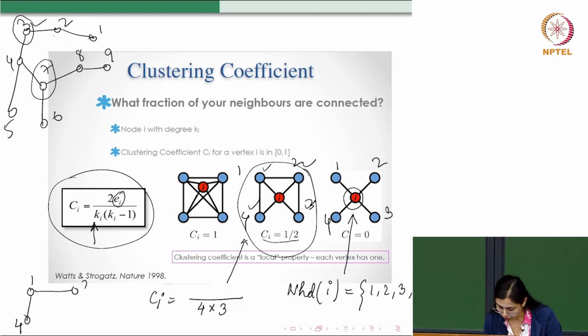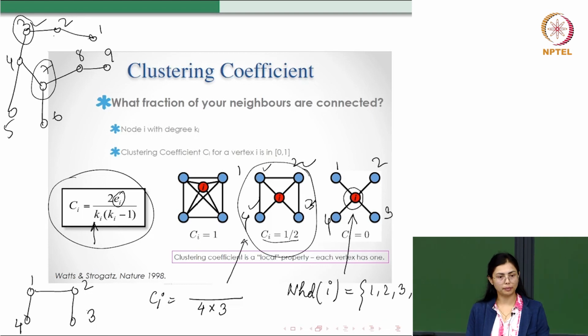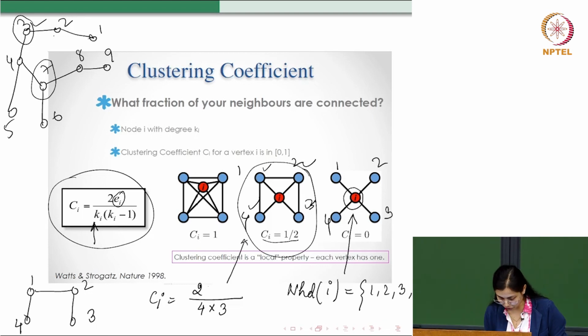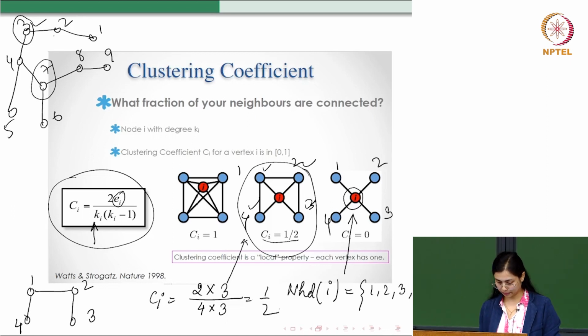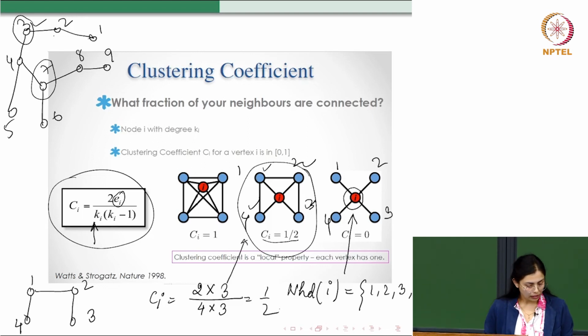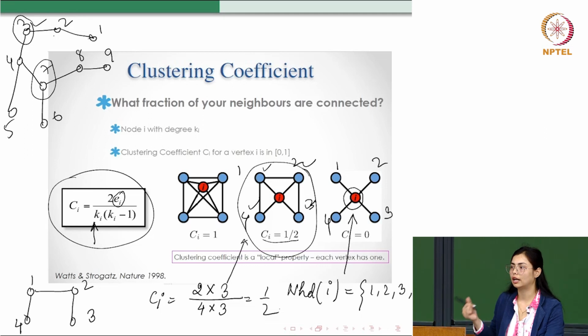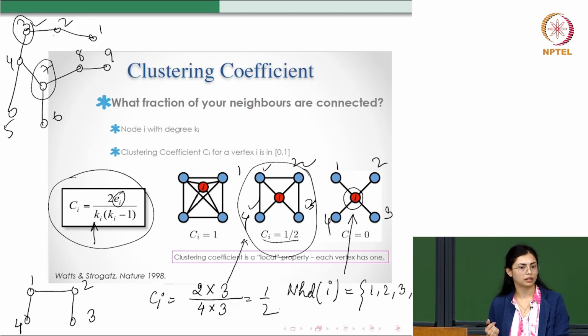Is there any other link? This is the induced subgraph. So it will be 2 over 3, so it's half, correct? Is this concept clear, or do you want me to take another example and explain it?